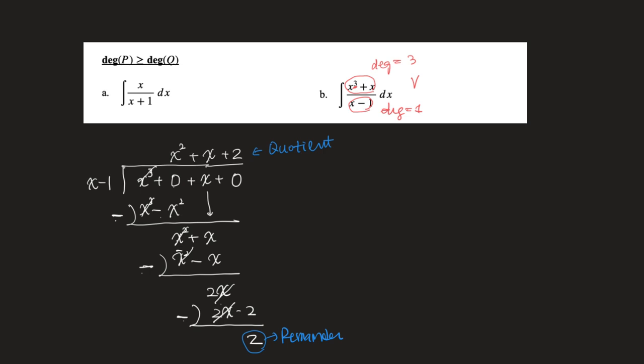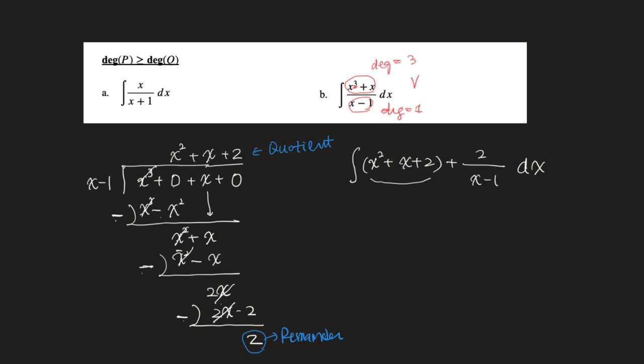Now let's do this integration. The integral of the quotient x squared plus x plus 2, plus the remainder 2 over x minus 1, dx.